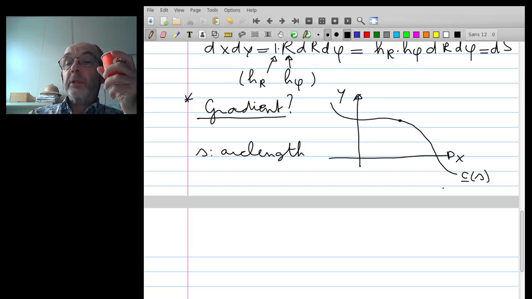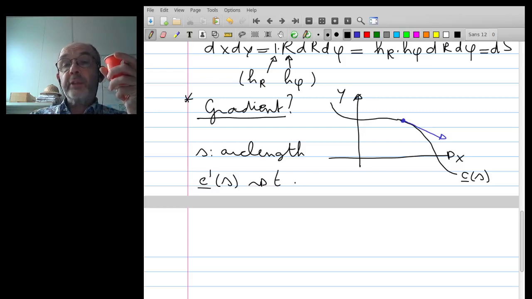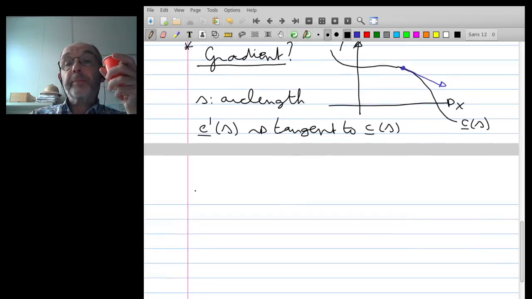Now, if you do so, if the x and the y are parameterized by the arc length, and you are then on some point of that curve and you differentiate with respect to the s variable, so if we calculate this one, this is a tangent vector to the curve, and that is of importance.